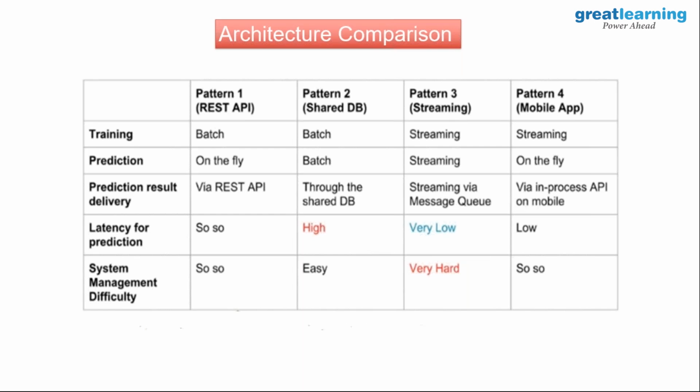The new records which come in will be predicted based on the model created as of yesterday, but these new records will immediately become part of the trained data set, which means the value which I have predicted is what will be used as a given value, and even the model building is getting changed every time, right? So you have the training being done as a stream, and the prediction being done as a stream.